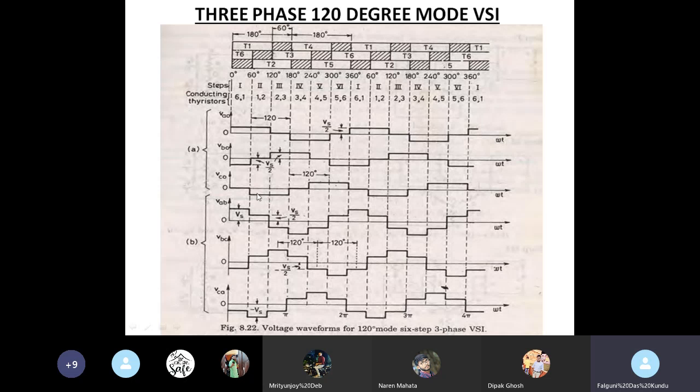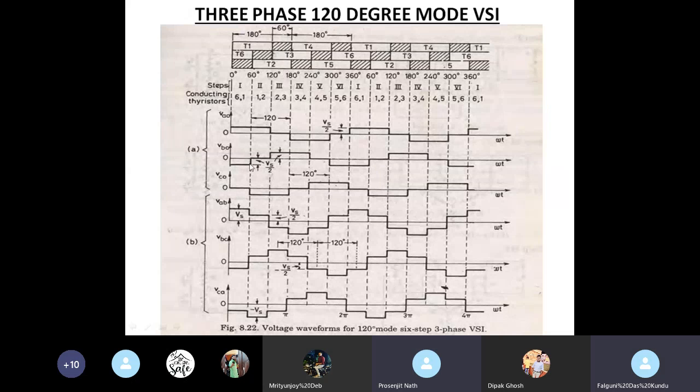Okay. Then VBO. VBO means when T3 and T6 are turned on. T6 is in the lower group, so when T6 is turned on, we get a negative.